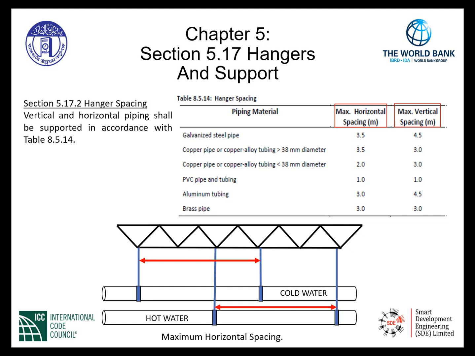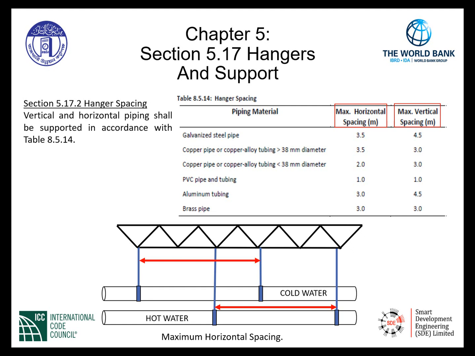The drawing below indicates piping supported from the structure of the building with hangers for the cold water distribution and hot water distribution. We can apply this particular table based upon piping material and horizontal spacing.